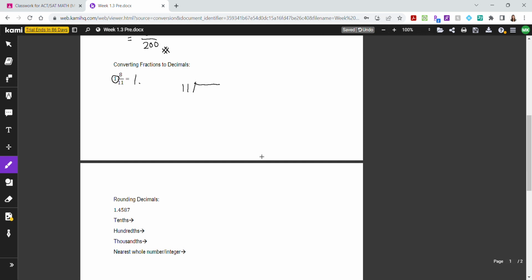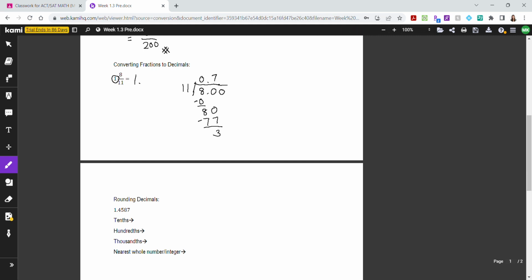There we go, 11, and then this is 8. Right? So let's look. We know that nothing of 11 can go into 8, so we're just going to put a 0 here, which is fine. So 0. Drop all these down. So now, the closest multiple of 11 to 80 is going to be 77, right? So 11 times 7 is 77. So let's put that here, and then we'll put another 0 here.